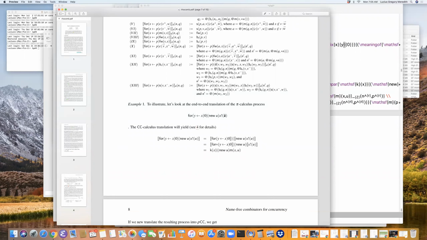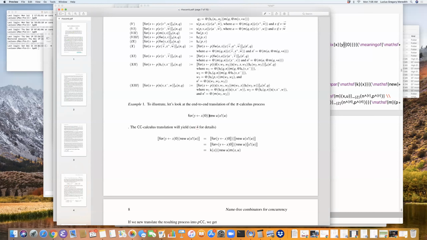So on X we're going to send something, and then that something is a fresh something. It's a brand new, new bound name. So the way this would work, if you were going to execute this in pi, the first thing you'd have to do is extrude the new scope. So you'd have to push this for comprehension under the new scope, and that works because new is not binding the X. So you can do that, and then there's a rule in the pi calculus that says if p goes to p prime, then new u p goes to new u p prime.